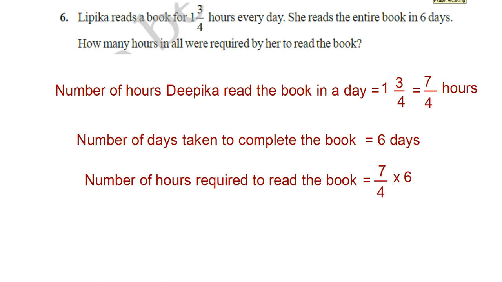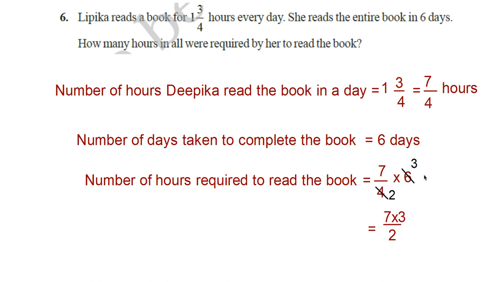As in the previous case, 6 you can take as 6 by 1. So 7 into 6 by 4, which is equal to 42 by 4. While making it into a mixed fraction... But here 6 and 4 we can reduce by dividing by 2.